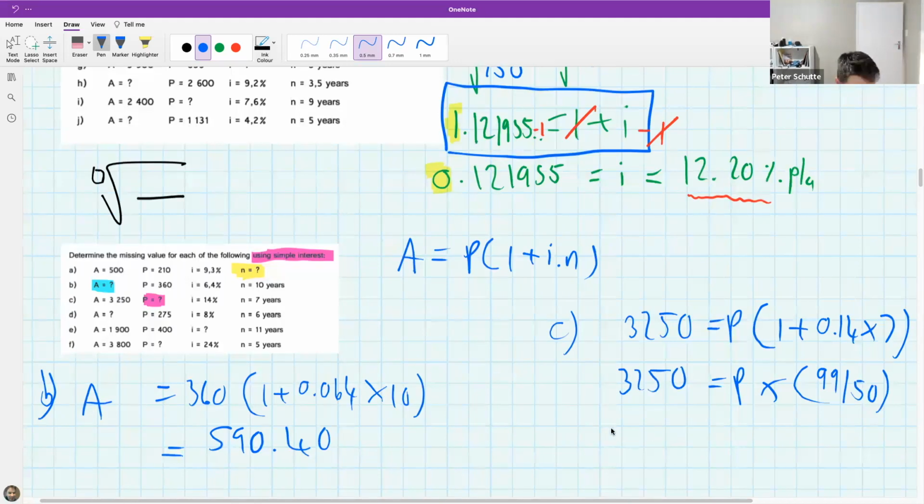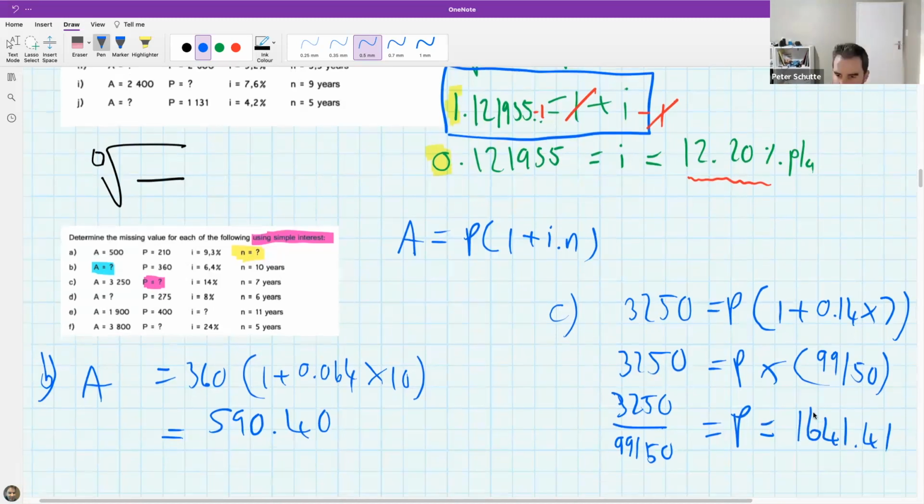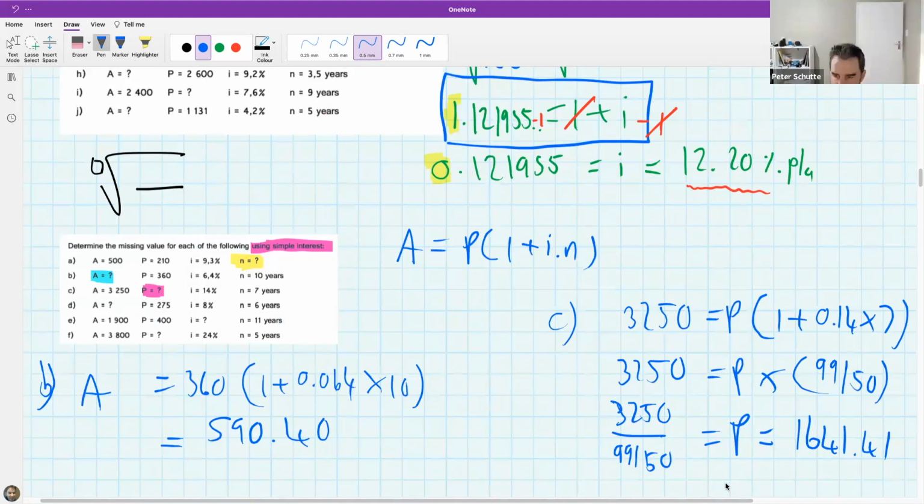I'm just showing it to you just so you can kind of see. What are you guys getting for your final p-value? I get 1641.41, and that would be our initial value that we start with.